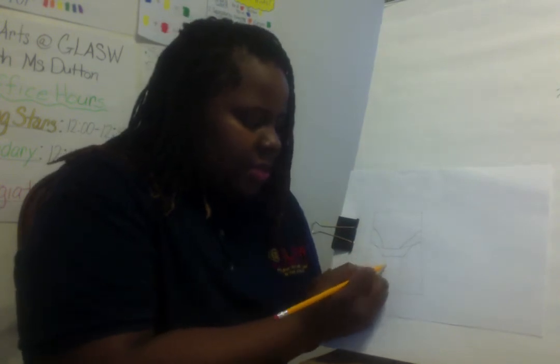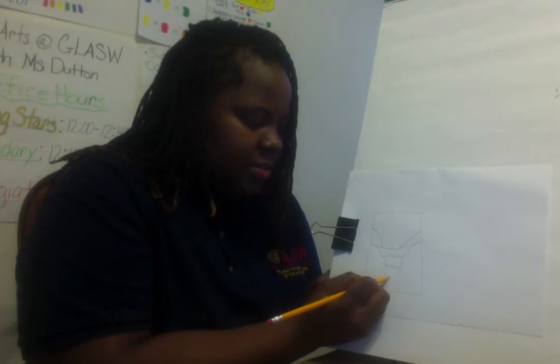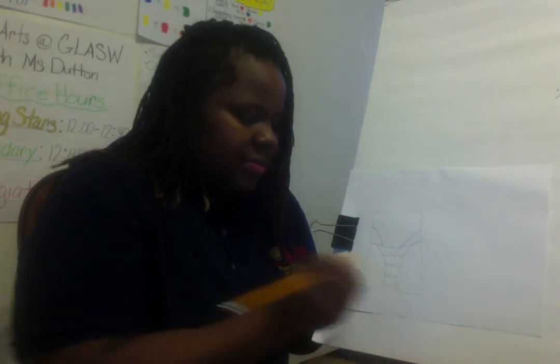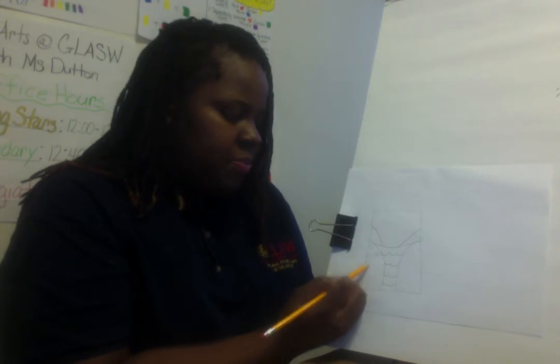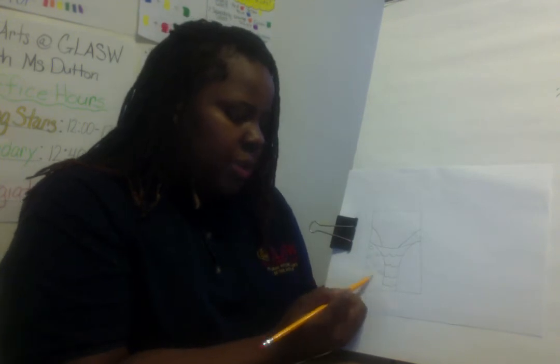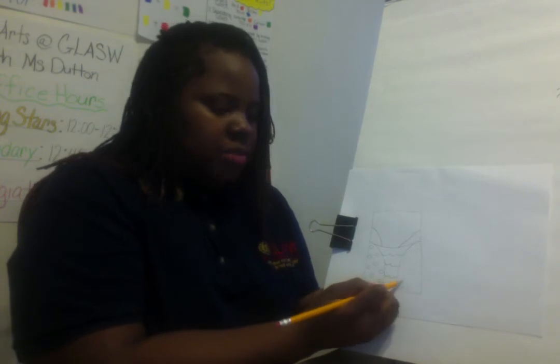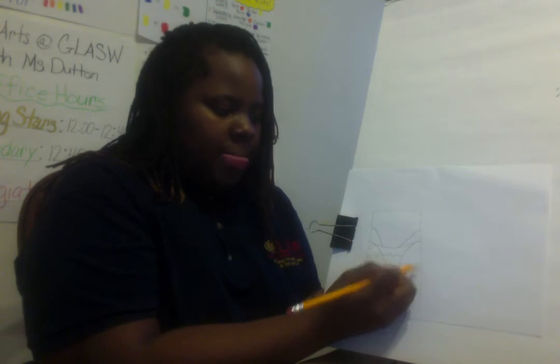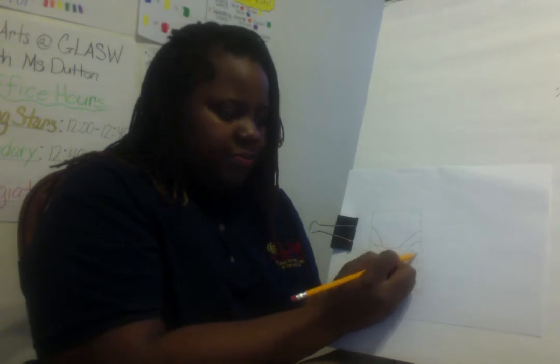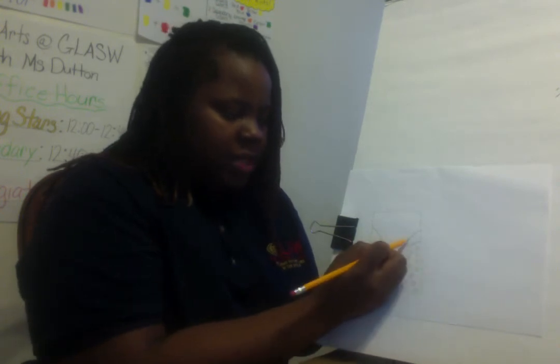And then make some lines going across. This is just an idea. Remember, your toilet paper or toilet tissue roll, depending on the size of it, will determine if your picture comes out looking just like your actual piece of art. It doesn't always have to look the same.